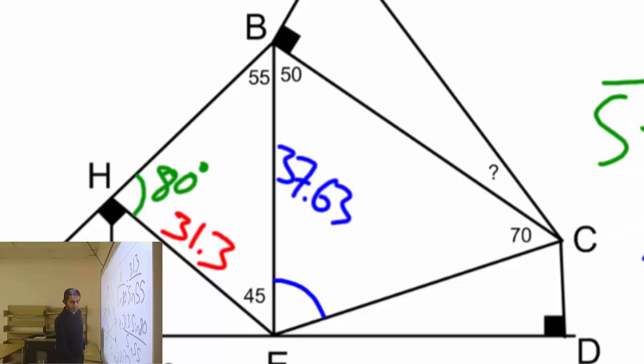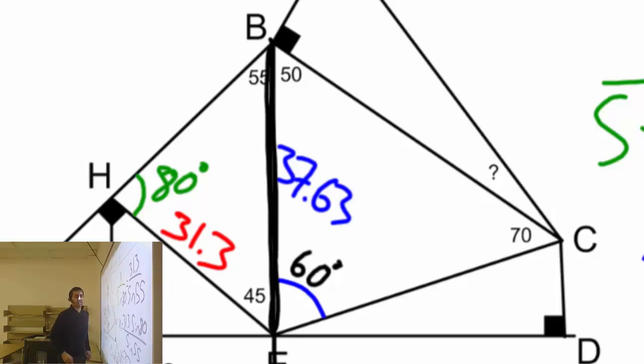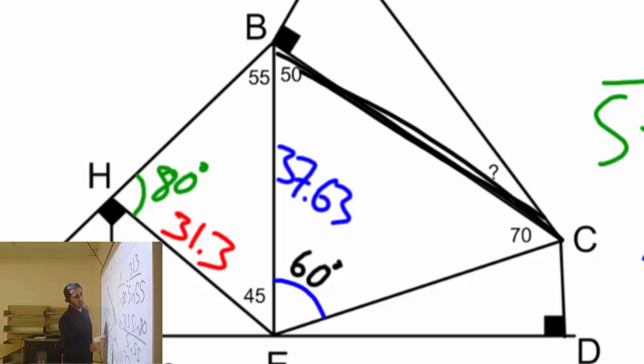So the angle here is 60. So I know all 3 angles. So which side do I want to find out? I know this one. Since I know that and all 3 angles, I can figure out both this and that.